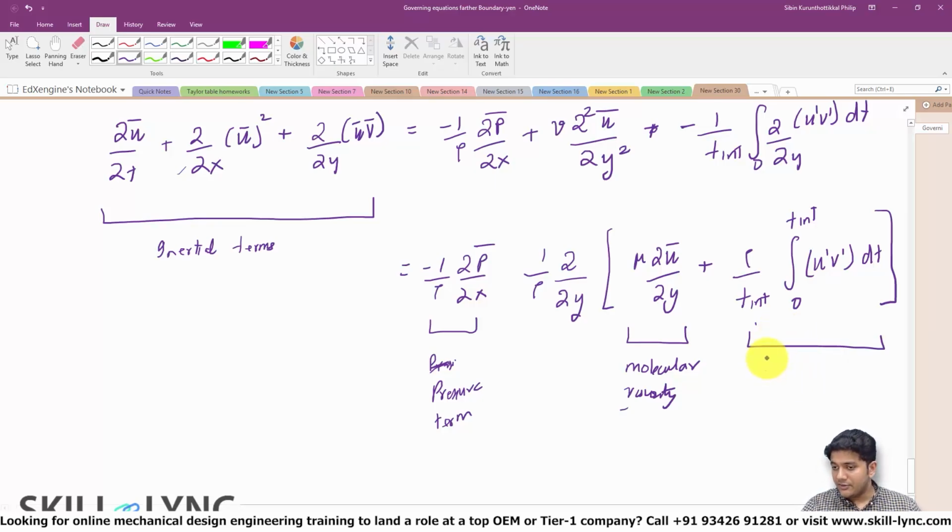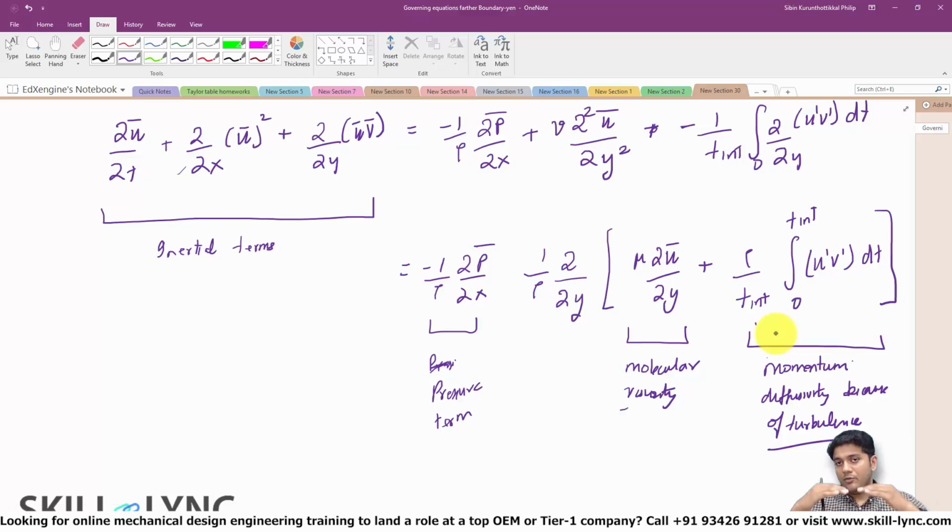And this thing right here is momentum diffusivity because of turbulence, right? So there are two components affecting how momentum is diffused from your boundary layer to the outside of the boundary layer.